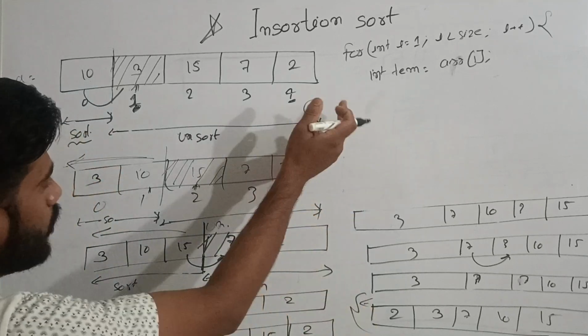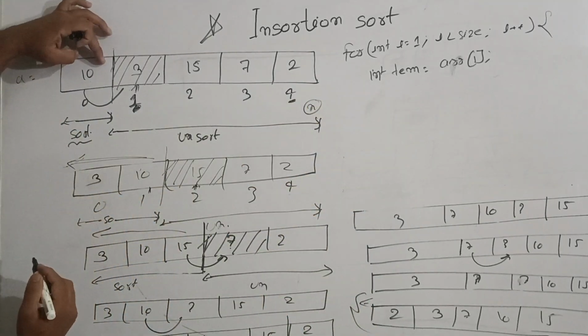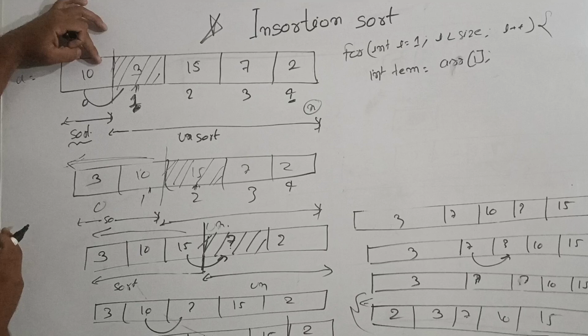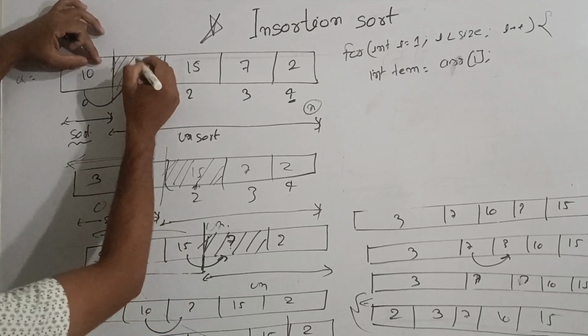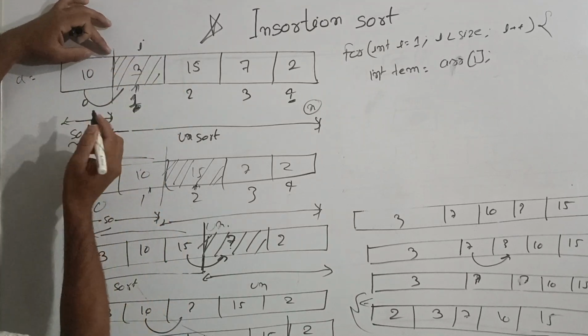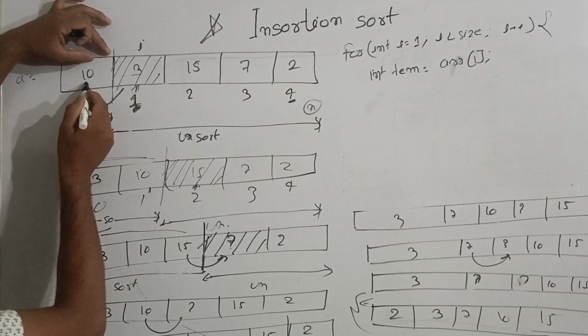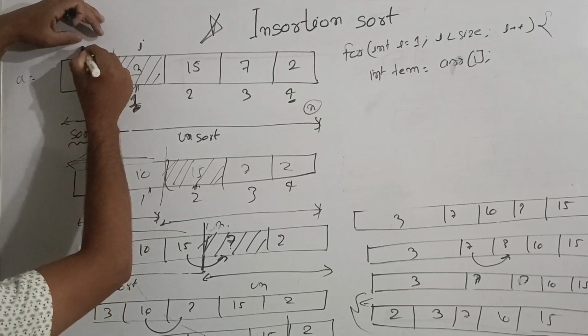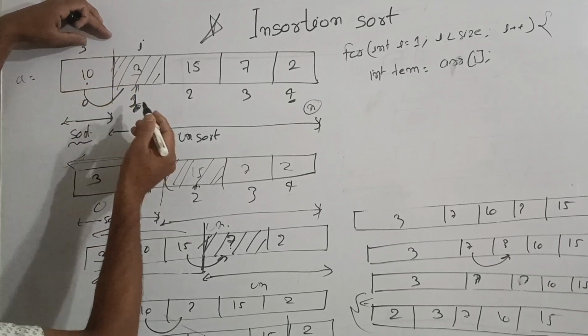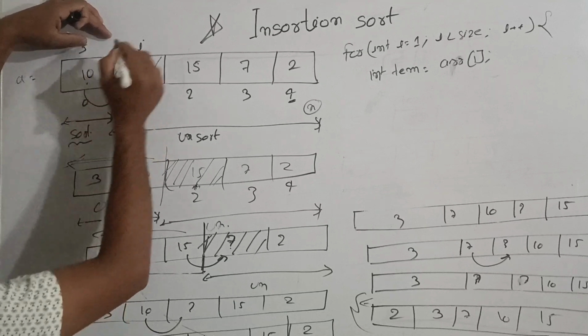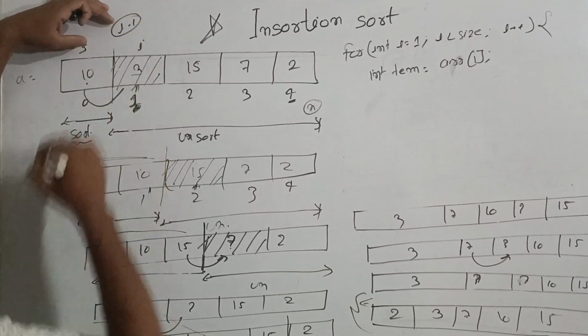Now j, another loop is required which will run on the sorted data. If i is here, then we have to compare from this element. So j will indicate here and j will be i minus 1. Now int j equals i minus 1.